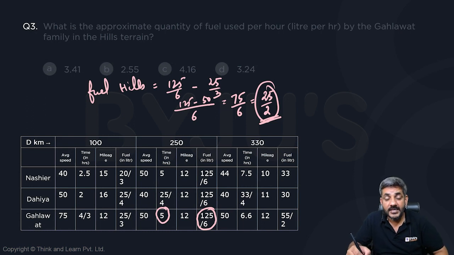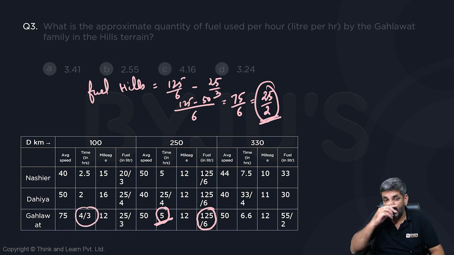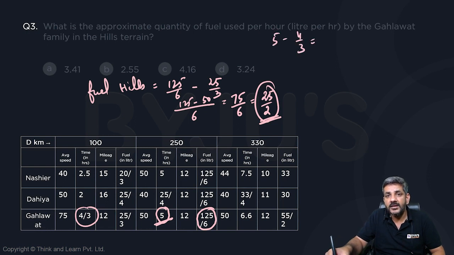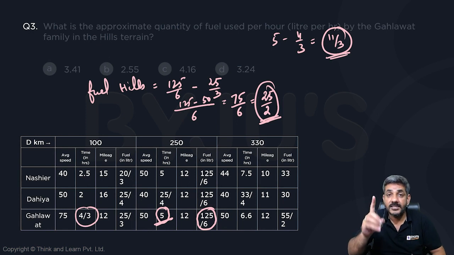What is the time taken by them? Let's have a look at that as well. The time taken is 5 hours for the first 250, but in plains they have used 4 by 3. So the time taken for the hills terrain is 5 minus 4 by 3, that is 15 minus 4, or 11 by 3. So 11 by 3 hours is the time taken, 25 by 2 is the fuel consumed.